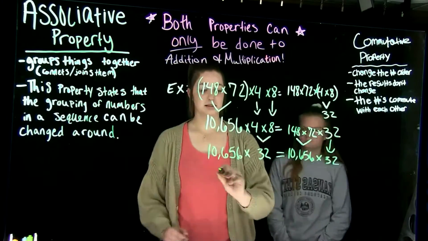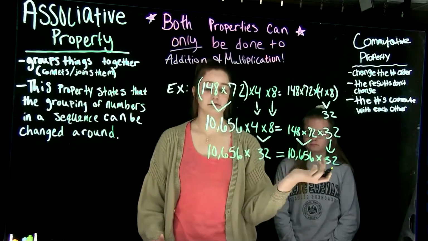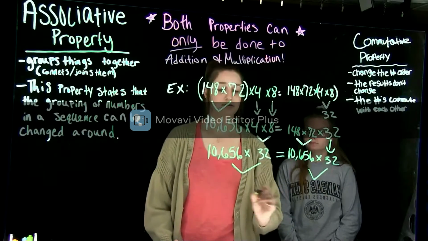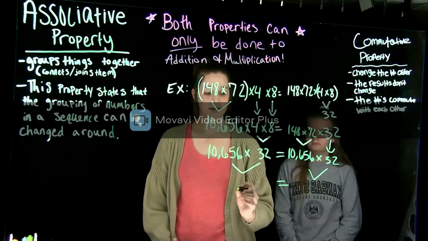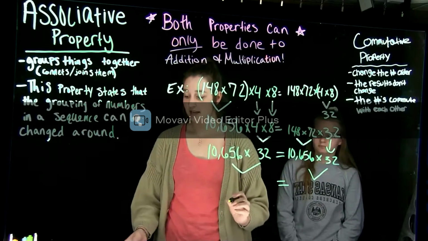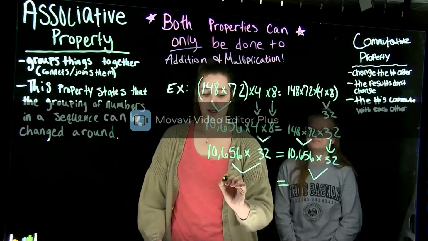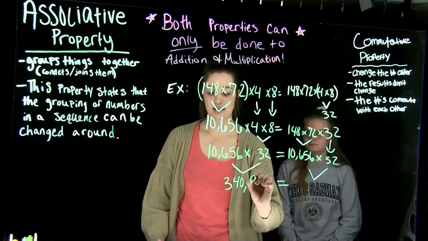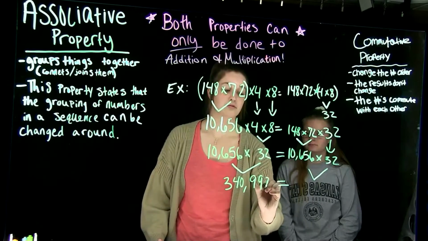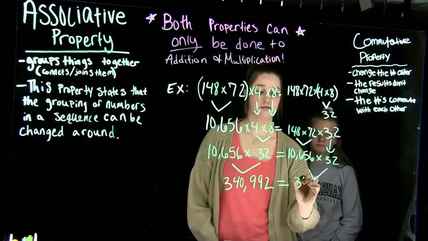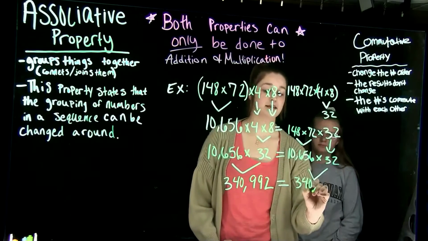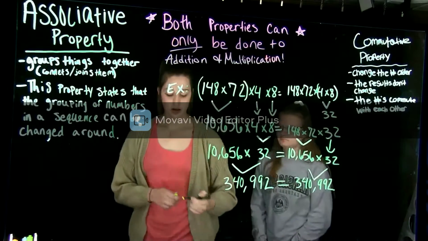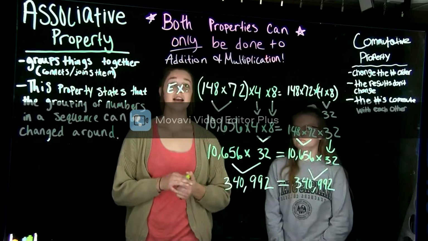So then, since all you have left are your two numbers, you will just multiply them together, and you can see that it will already equal the same thing, which is a pretty big number, 340,992. So those are your examples for that.